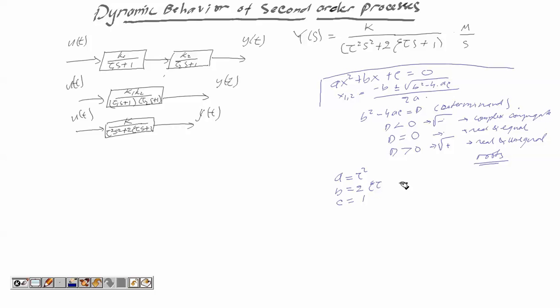Then D is 2 zeta tau squared minus 4ac, meaning 4 zeta square tau square minus 4 tau square.